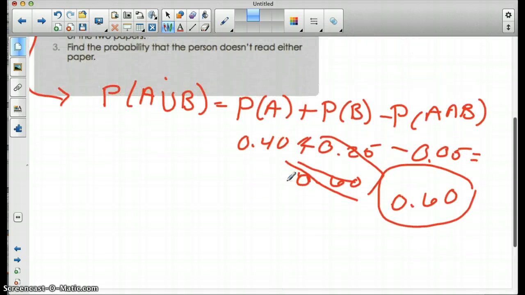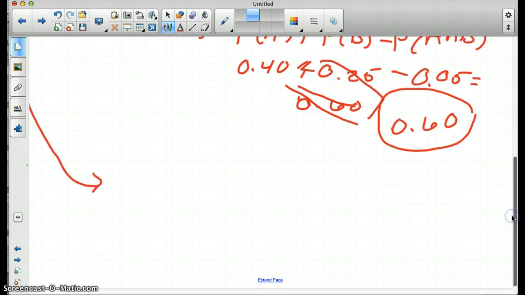Okay, and so now let's take a look at 3 down here. Find the probability that the person doesn't read either paper. We're looking for the intersection of both complements. But I don't think it really has to be as complicated as that.